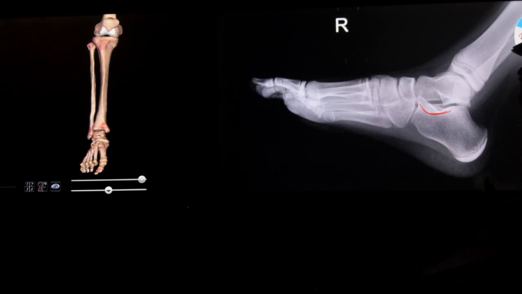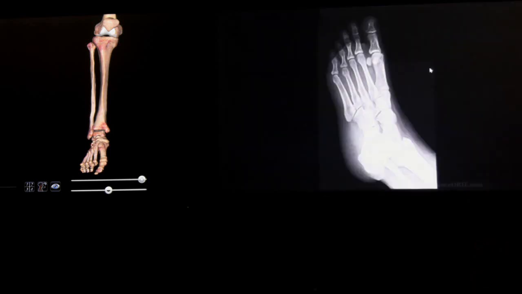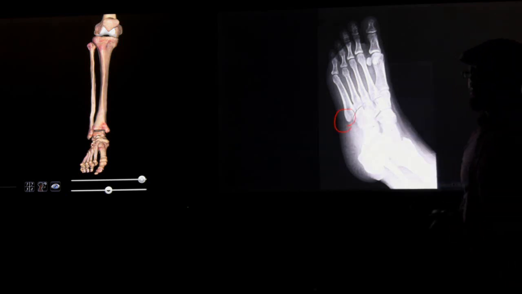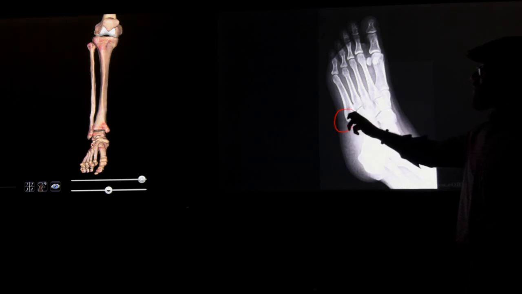Another very important structure you have to recognize is this. It is the tuberosity of the fifth metatarsal. That is an attachment site and a common site of avulsion fractures. The avulsion fracture that occurs here at the fifth metatarsal, the tuberosity of the fifth metatarsal, is the Jones fracture.